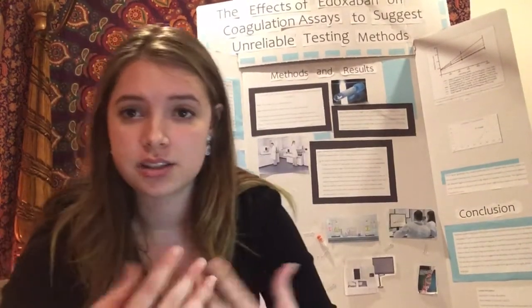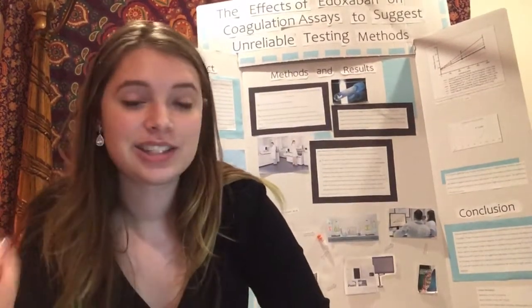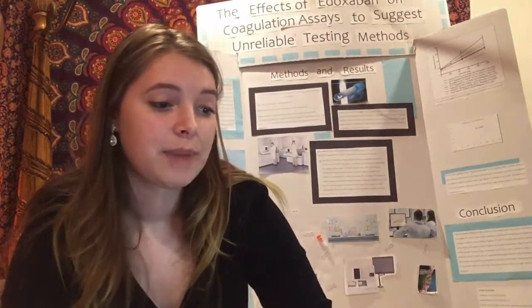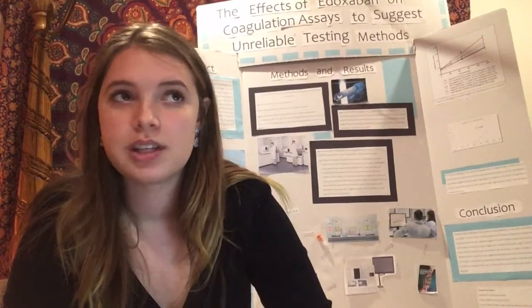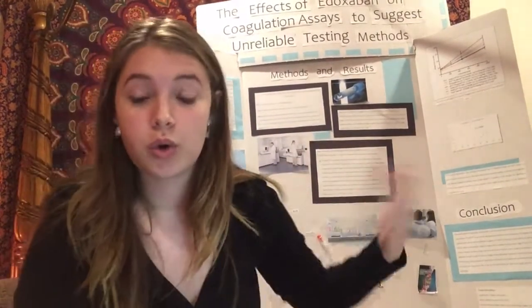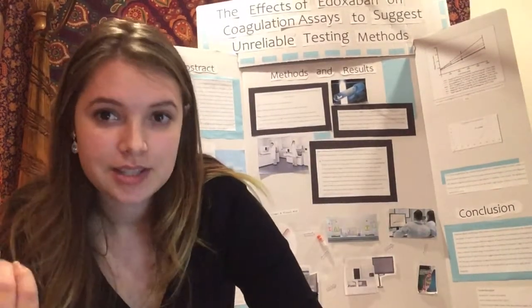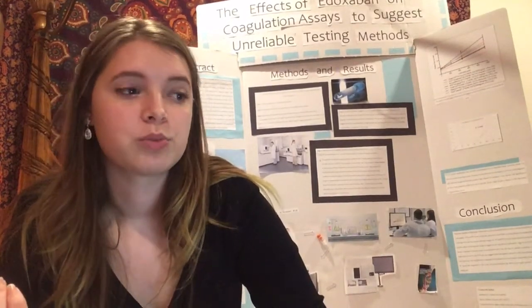Previous studies assessed on rivaroxaban, a common anticoagulant, with different reagents discovered a high degree of variability. So the significance is that patients could be at risk, as specific doses might be given based on your lab results. I'm saying don't do that. If you're going to base it on anything, base it on the anti-Xa assay, because that seems to be a much more reliable method.